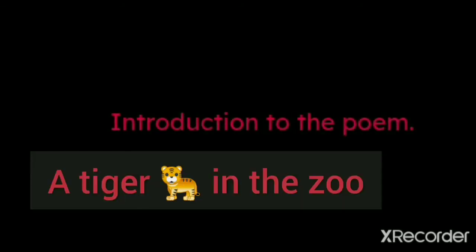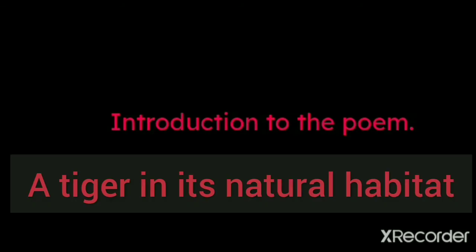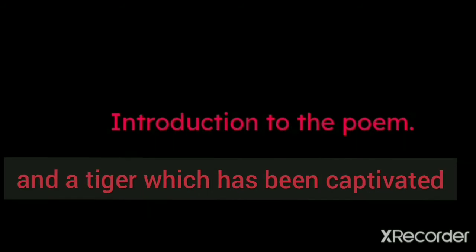Student, this poem, A Tiger in the Zoo, which is written by Leslie Norris, is actually a poem which talks about the difference between a tiger in the zoo and a tiger in the jungle. Actually, how the characteristics of the tiger in those two situations contrast from each other.